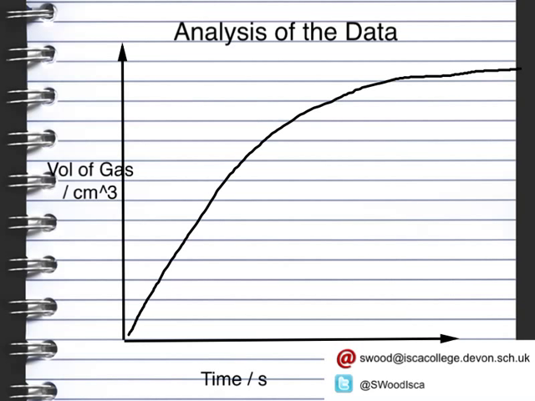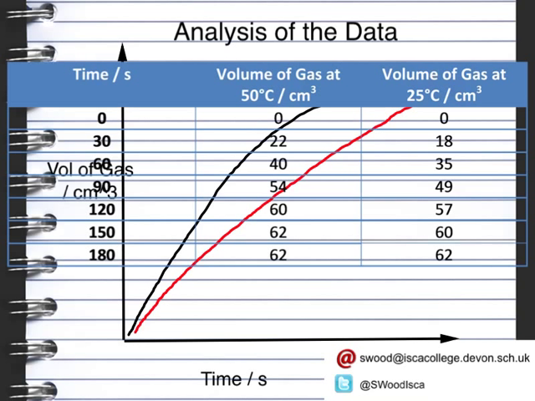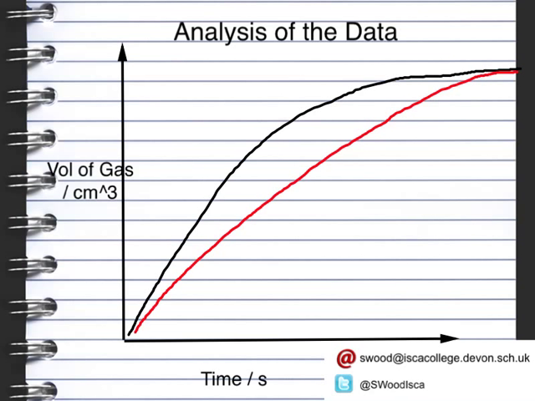Now if we were to show the second set of results, it would move along like this. If we show the results again here, we can see that for both of them, the maximum they produce is 62 centimetres cubed.